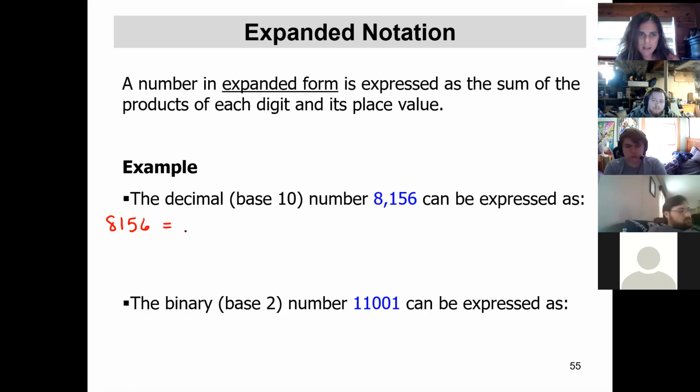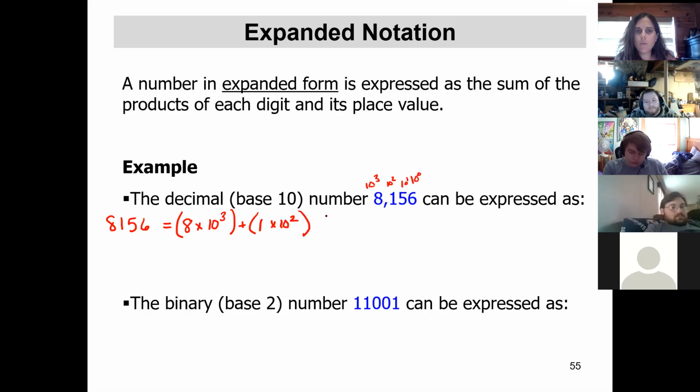And I'm going to take a look at its places. So the digit 8 is in the, this is the ones place, tens, hundreds, thousands place. So it'd be 8 times 10 to the third. That's the thousands. Remember, this is 10 to the 0, 10 to the 1, 10 squared, 10 cubed. We're going to add it to 1 times 10 to the second.